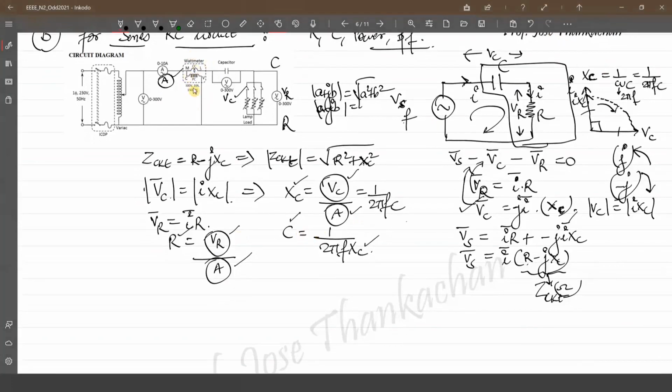That wattmeter is used to measure the power consumed in the circuit, so power we can find out.